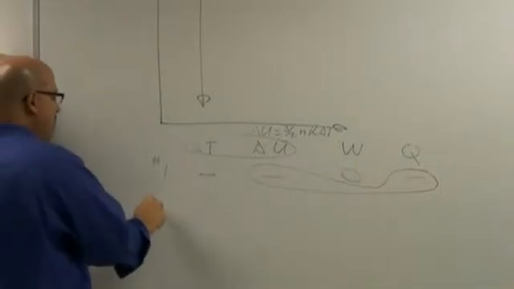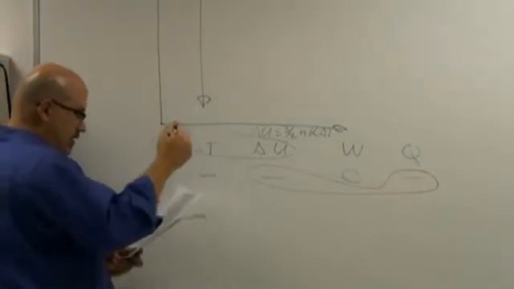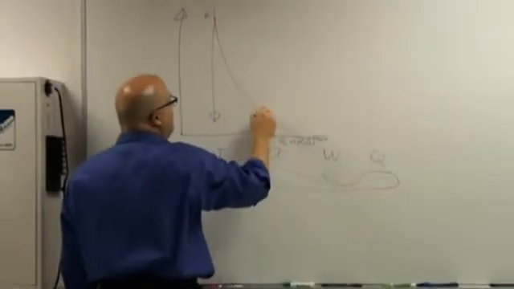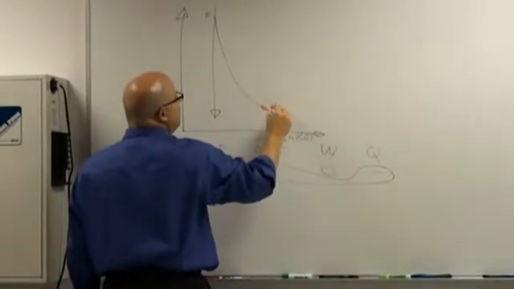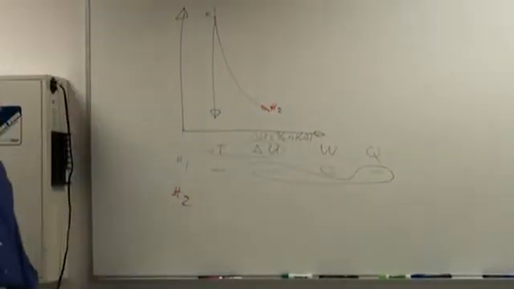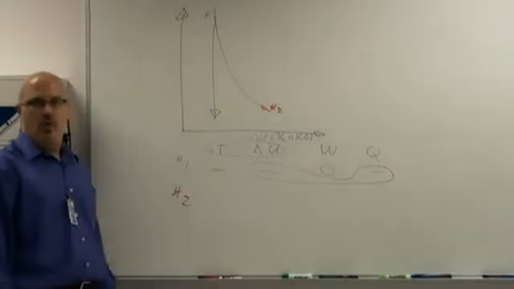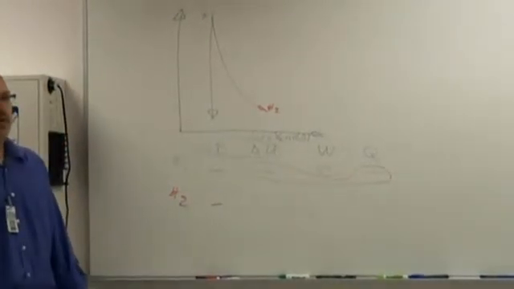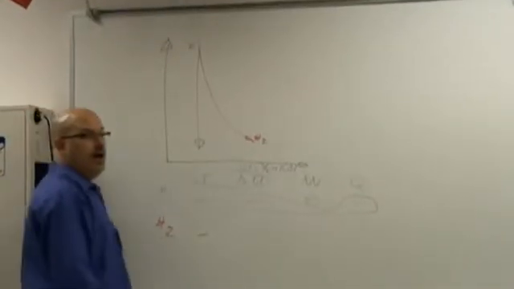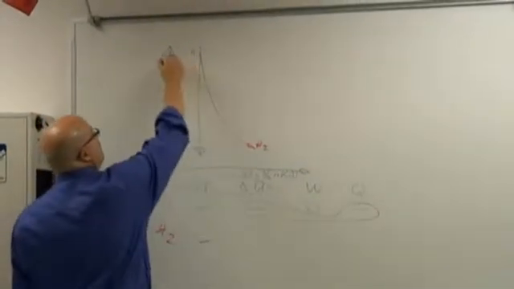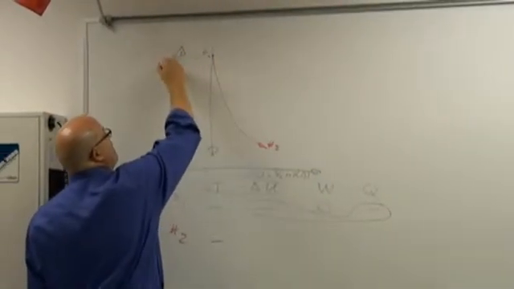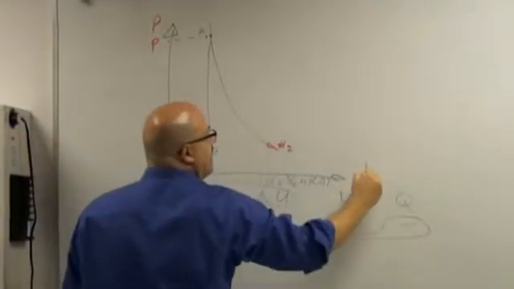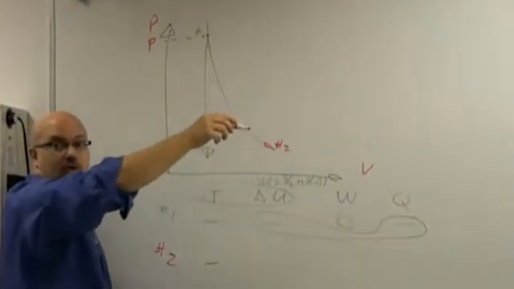All right, let's go with number 2. Number 2 is this one. Process number 2. All right, how about temperature? Negative, but wait a minute, how can you tell? The volume is increasing, but when you look at this P, it's lower than the isothermal. Yes, because there is an isothermal shown, right?